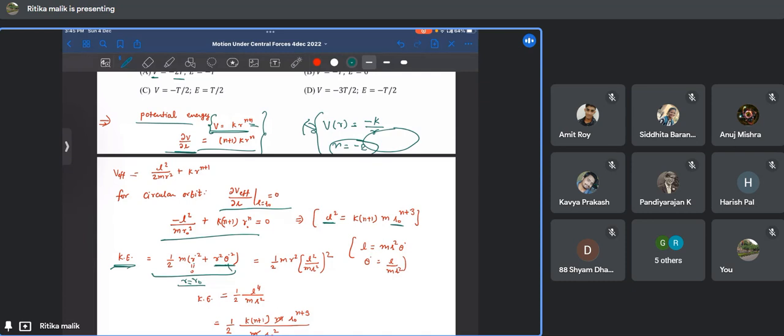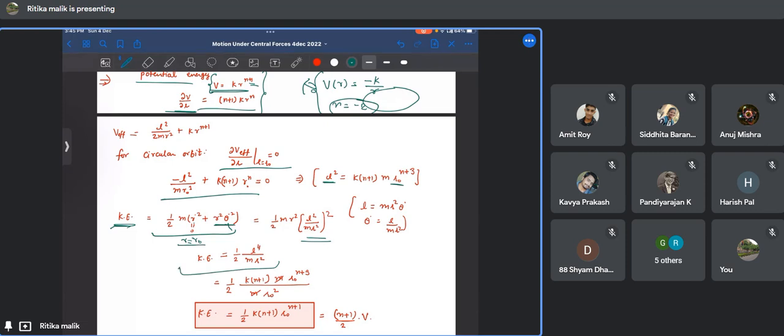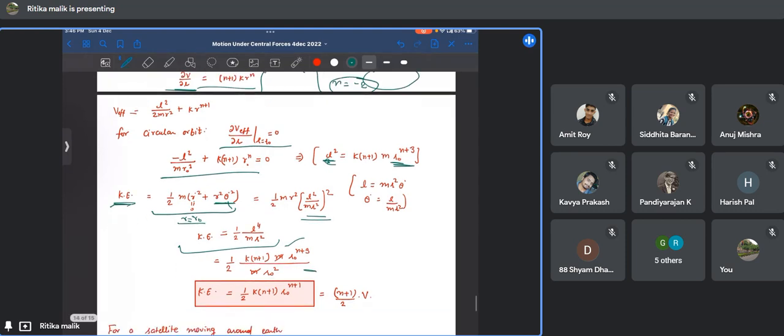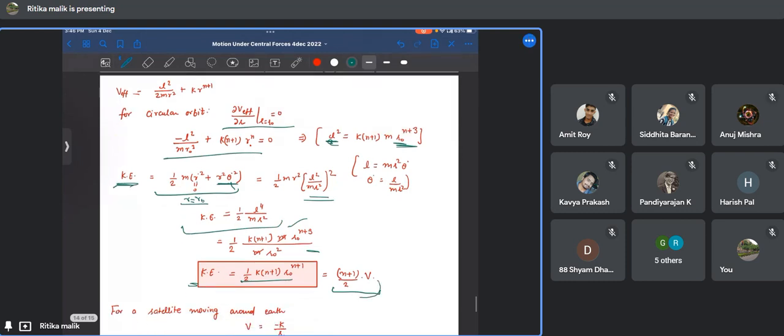We replace theta dot by L by m r squared, and the kinetic energy becomes this. Then we replace the relation of L squared by this term here. So we find that the kinetic energy is given by this, which is related to the potential energy by this relation, since we already took this as the potential energy.